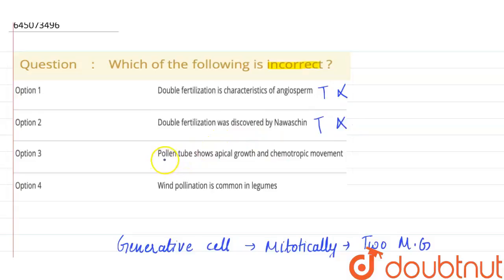The third statement given here is pollen tube shows apical growth and chemotropic movement.